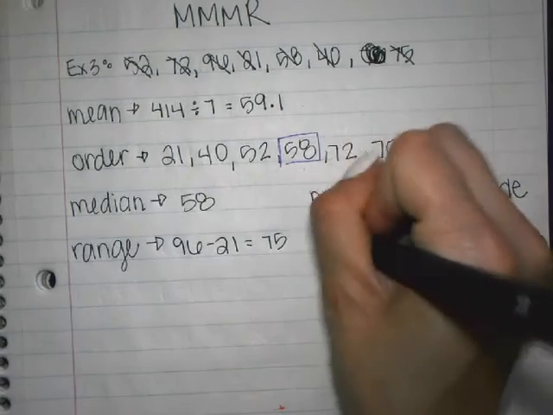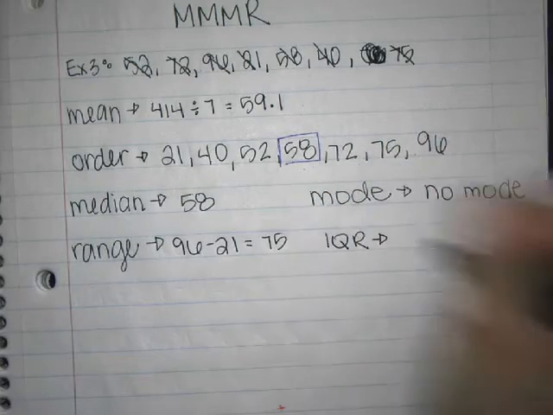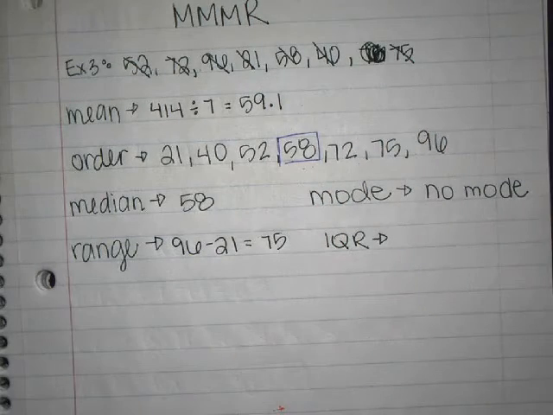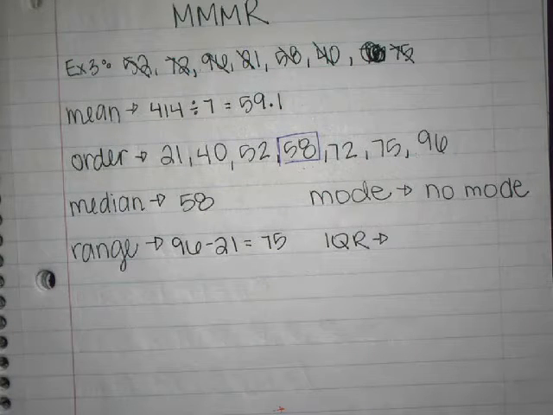Okay, I now want to find the IQR. Do that with your partner, please. Go. Okay. How do I find the IQR? What do I have to find first, Hattie? Let's find the first quartile. Excellent.